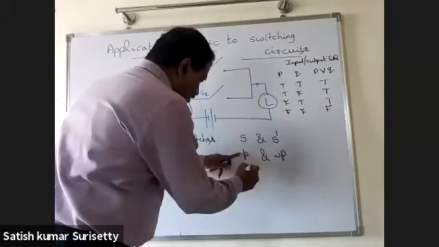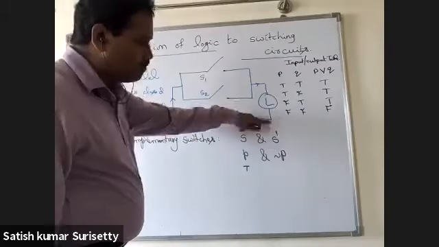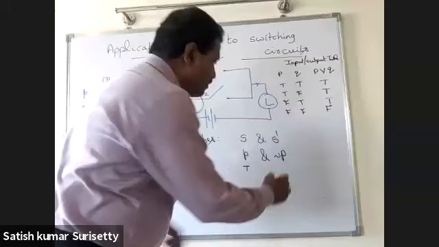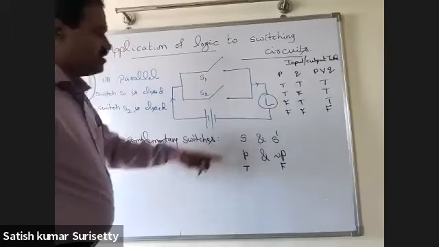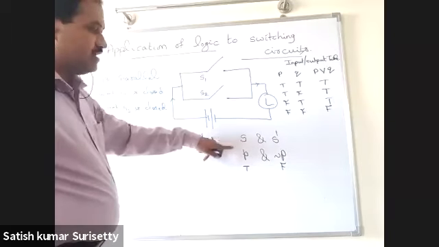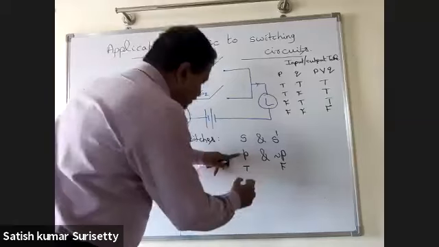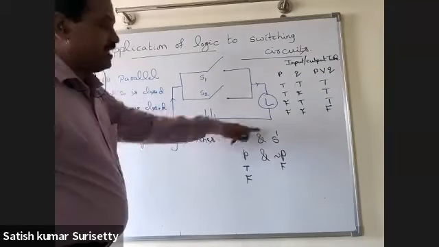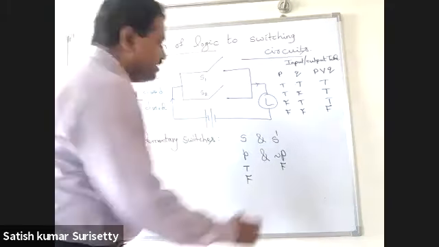True. Then S dash will be open. Then the negation of P will be what? False. If S is open, then the statement P will be what? False. Then S dash will be what? Closed. The negation of P will be what? True.